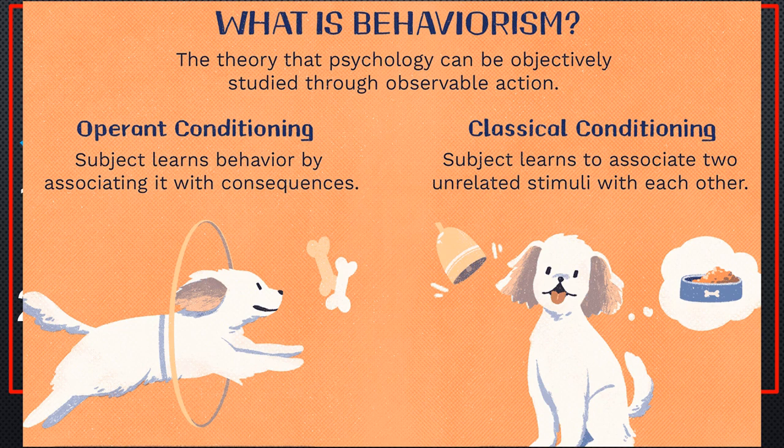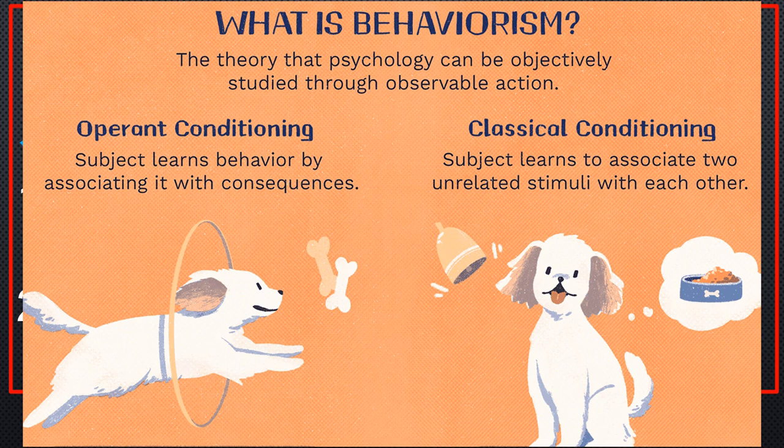Pare-parehas yan na sinasabi ng mga psychologists, na kung ano yung ginagawa ng tao, nagagawa na mabuti, ganun din yung mga circumstances kung bakit yung tao gumagawa ng masama. So the same.